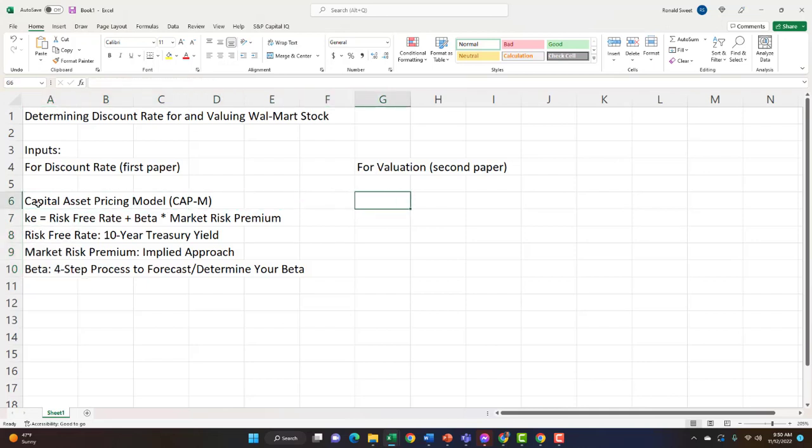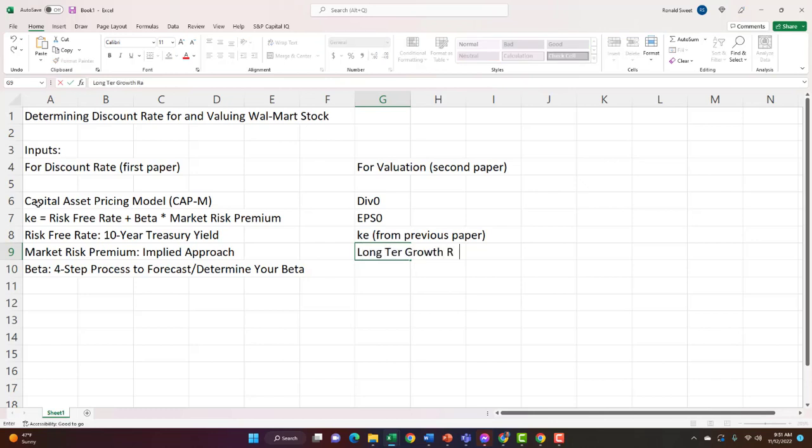For valuation, we need dividend 0. I'll show you how to get that. We need earnings per share 0. We need the KE from the previous paper. We need a long-term growth rate, which we're probably going to tie to expected earnings for the market in the previous paper.